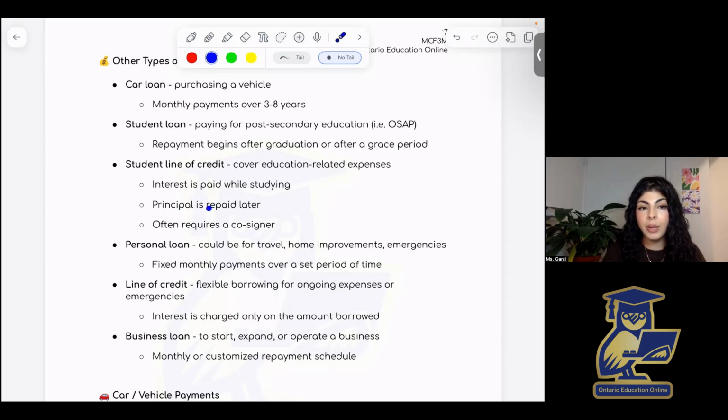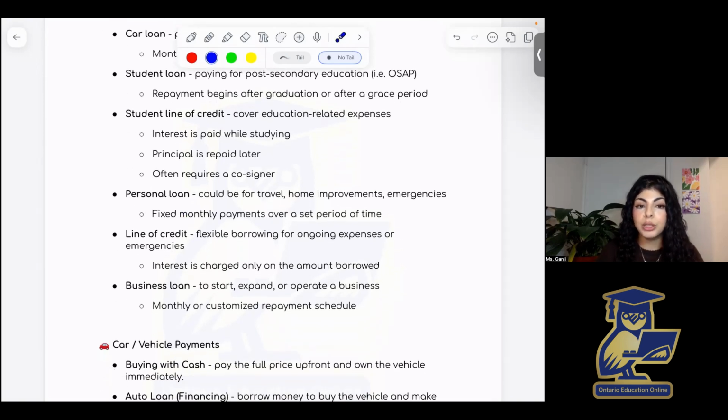But one thing with student lines of credit is they often require a co-signer, which means that someone else who has a higher credit score or a better credit history has to sign with you. That means that if you're not able to pay, they are taking responsibility for your loan and they will be able to pay it off if you're not able to.